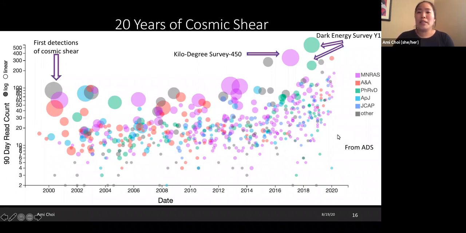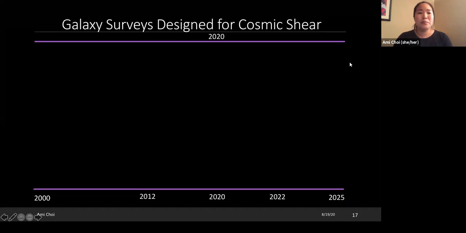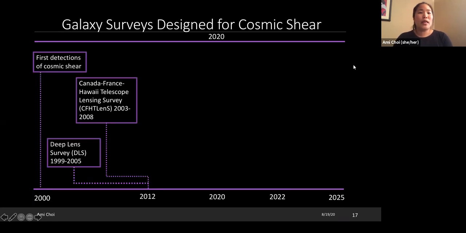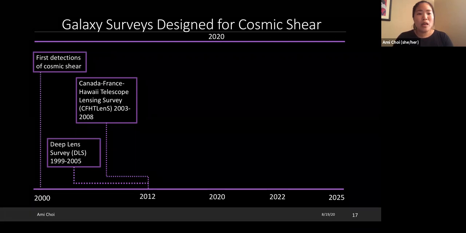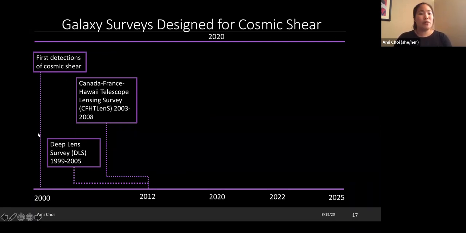And as we come to later times to point out some of these bubbles, this one here is the Kilodegree Survey 450 dataset. And these two, a little bit later, come from the Dark Energy Survey year 1 dataset. We can look at this timeline in a slightly different way, just looking at galaxy surveys that are designed for cosmic shear. And again, the first detections of cosmic shear are here in 2000.